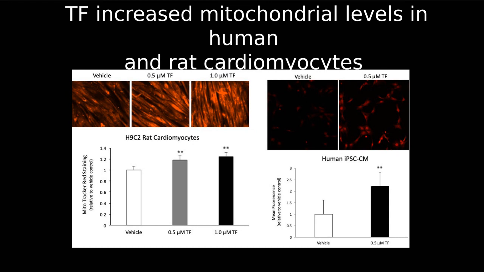Here with the human cardiomyocytes, again treating with 0.5 micromolar TF, there is a highly significant increase in mitochondrial density. This is in agreement with our previous slide that TF reduces the aerobic capacity and perhaps the anaerobic glycolytic rate, and the cells naturally compensate by increasing the density of mitochondria.